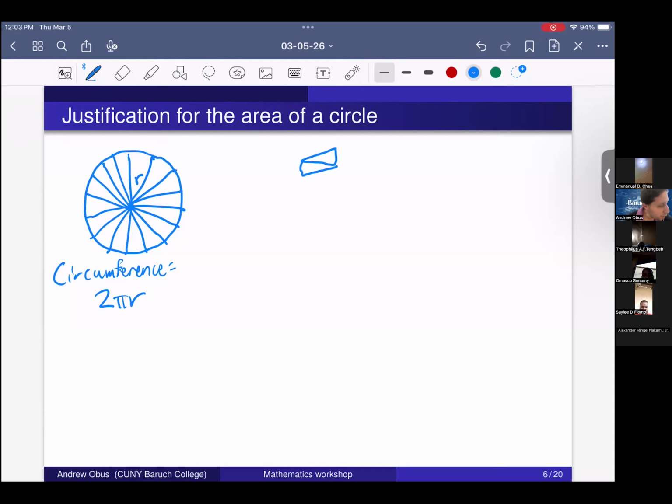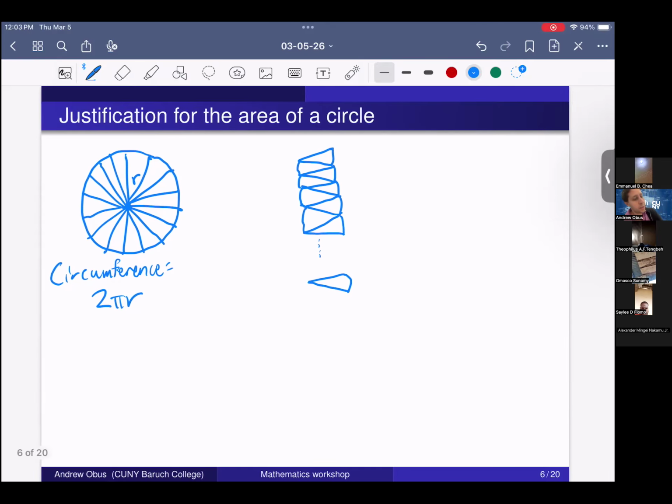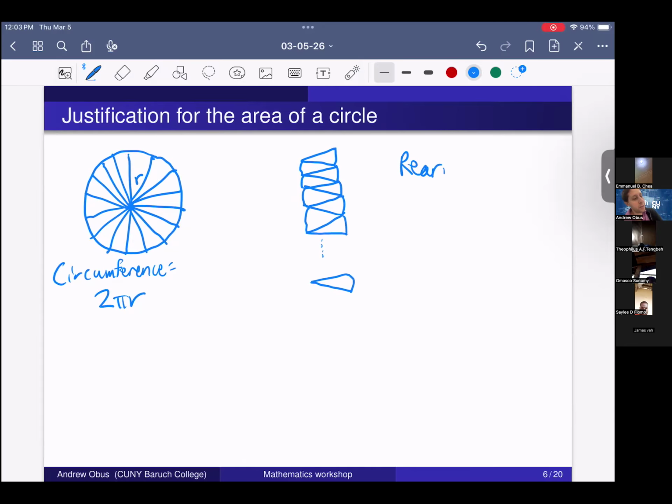You kind of put them in alternating directions, and so on. And in the end, you have some final wedge down here. Okay, so you're rearranging the wedges.